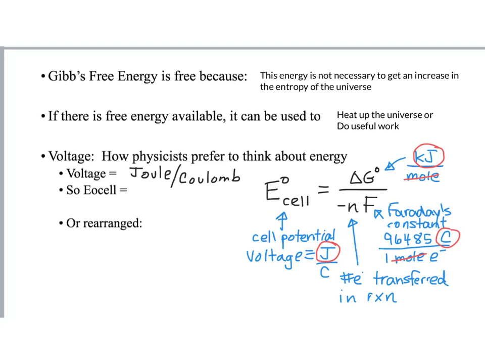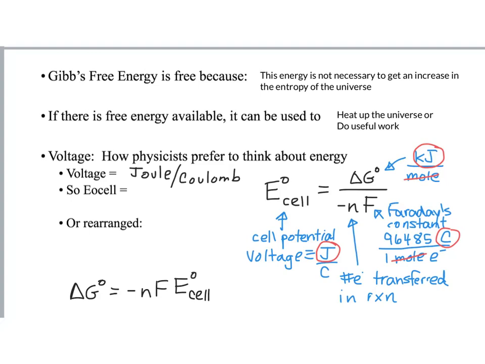You normally see this equation on an equation sheet written as delta G naught is equal to negative NF E cell.